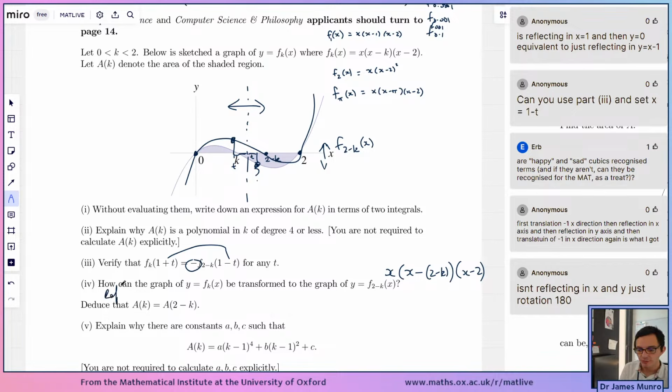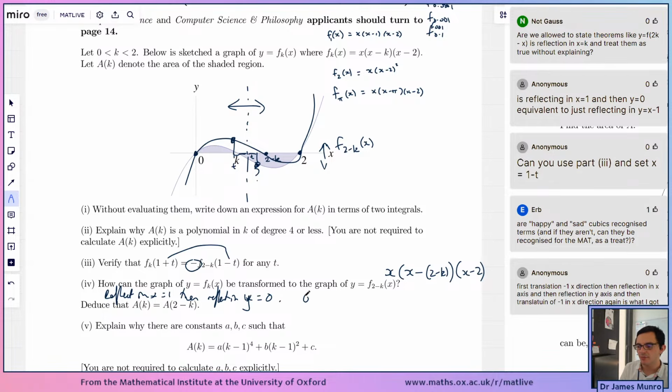So reflect in x equals 1, then reflect in y equals 0, or you can just rotate by 180 degrees about 1, 0.